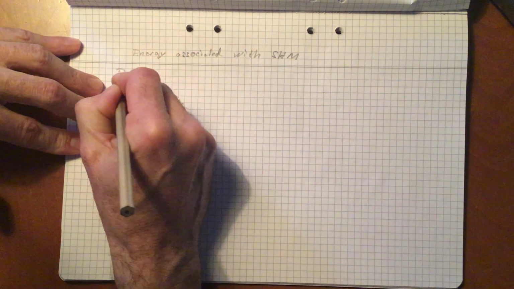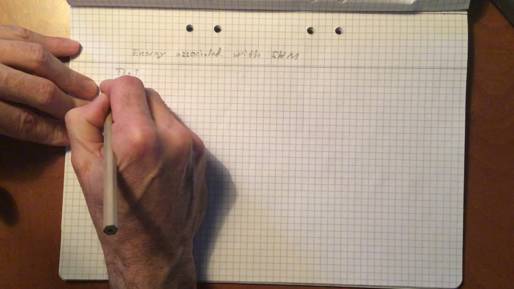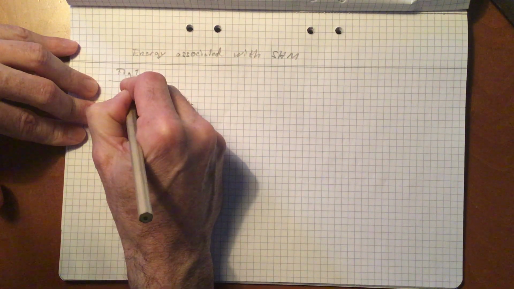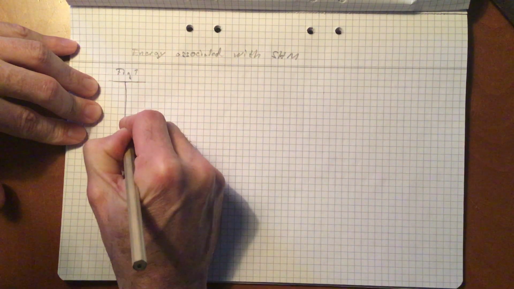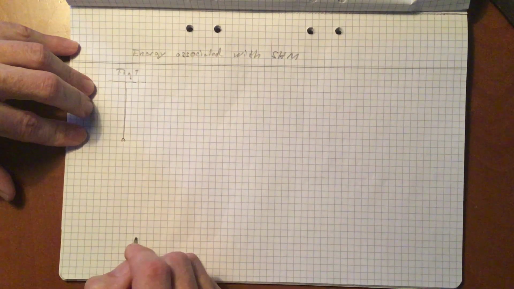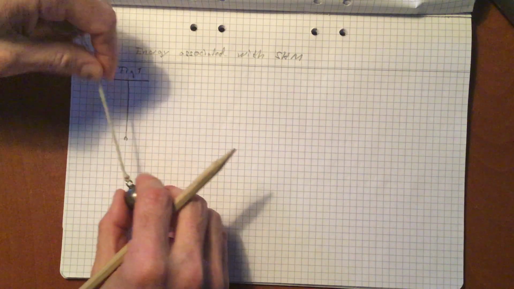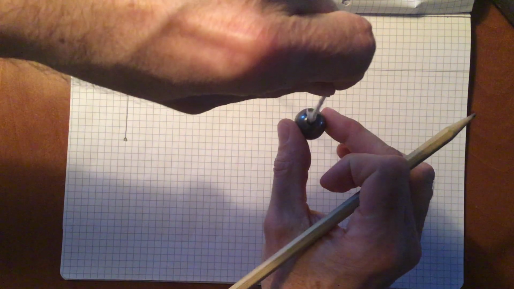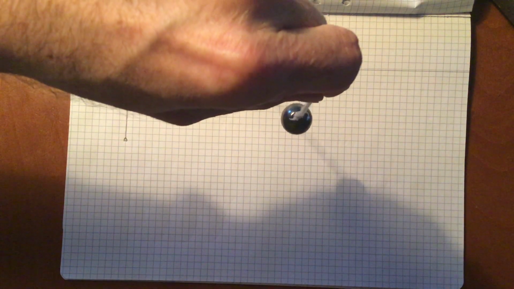Figure 1. So we have some roof or something where the string is attached, and it goes down like this, and we have the bob here. So it looks like this. I have to hold it like this, and you don't see it when it is like this, well, a little bit of it.